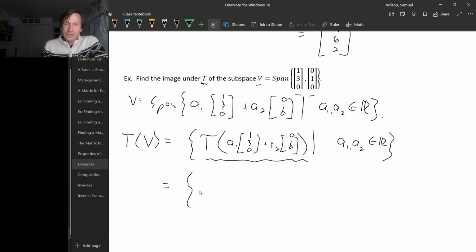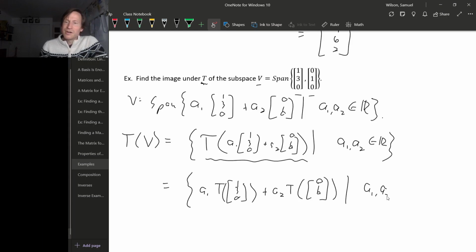So this is A1 T of 1, 3, 0 plus A2 T of 0, 1, 0. A1 and A2 are any scalars. And of course, these two vectors we know, right?